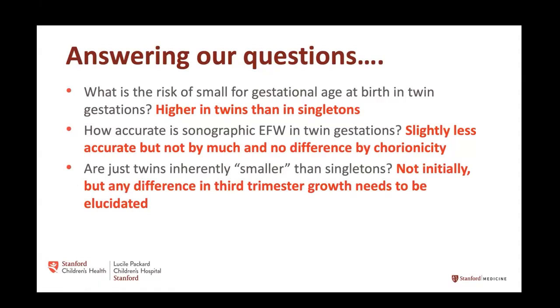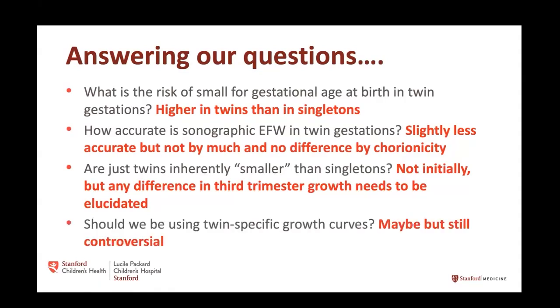Not initially, but any difference in the third trimester needs to be elucidated. And should we be using twin-specific growth curves? Well, it's still a little controversial. Certainly in the US, I think it's being incorporated more widely around the world, but there are no final guidelines to use twin-specific growth curves or which curve to use altogether.